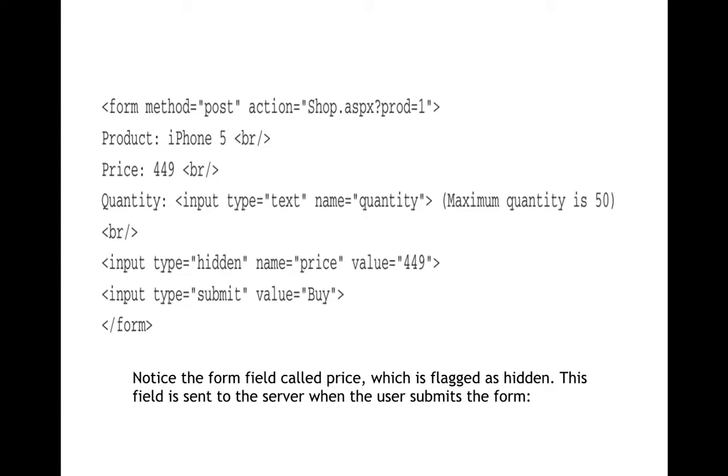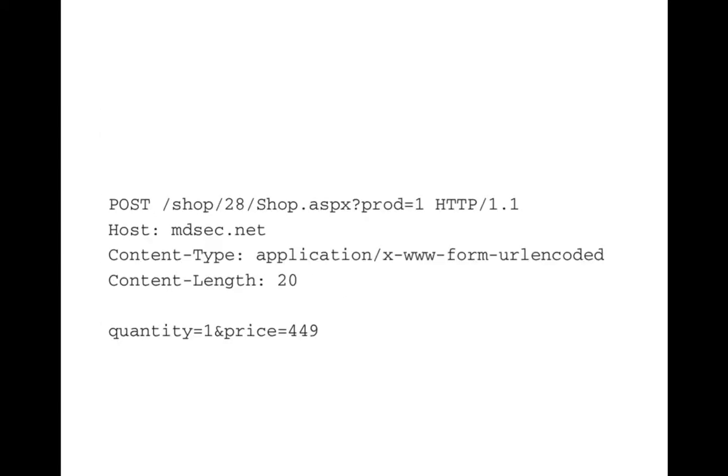So this restriction can be circumvented in order to edit the price. One way to achieve this is to save the source code of the HTML page, edit the value of the field, reload the source into a browser, and click the button.